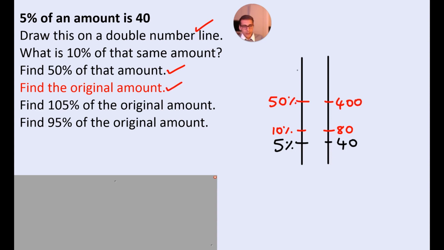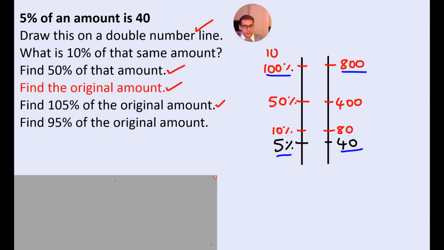Find the original amount, so that's 100%, which is 400 times 2 is 800, and then we could also work out 105% by adding 100% with 5%, so 840.